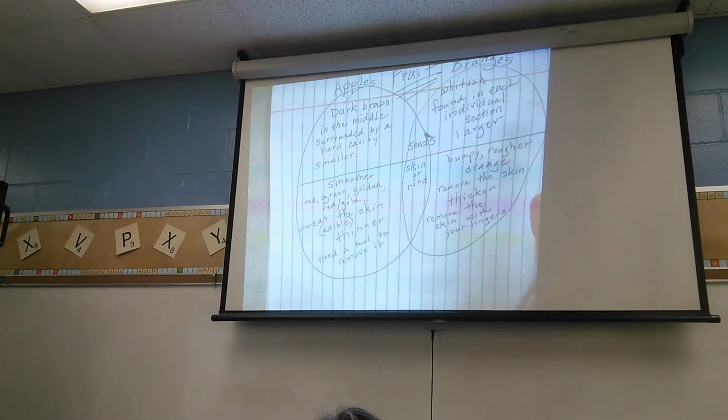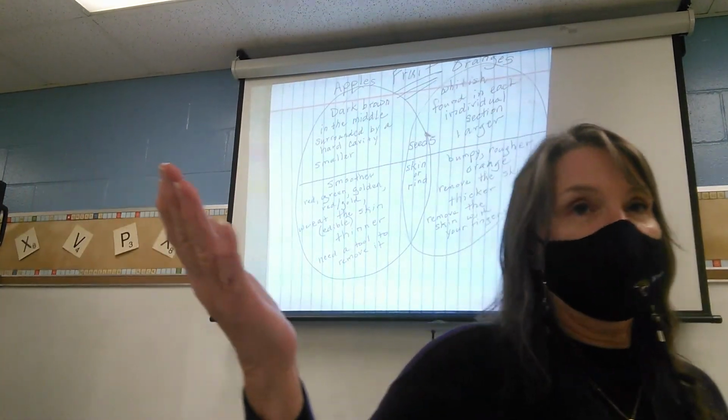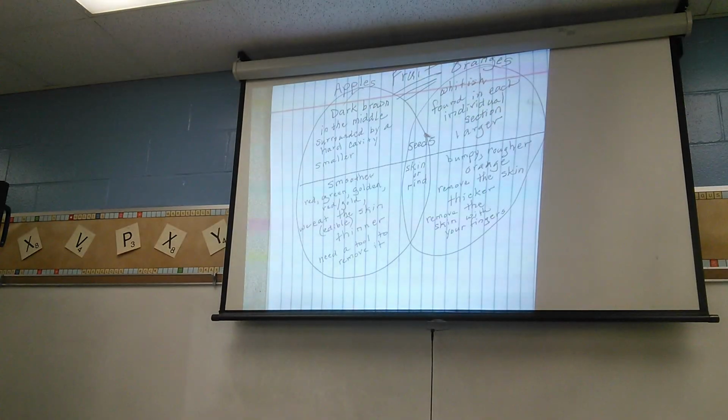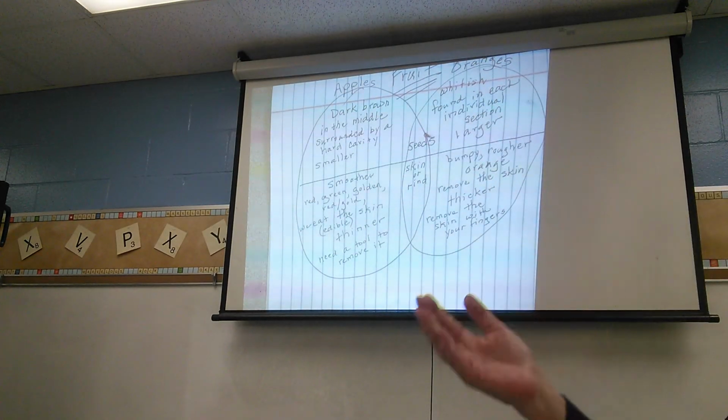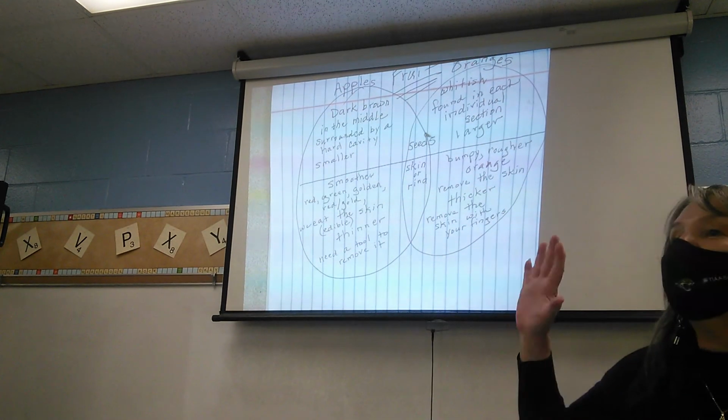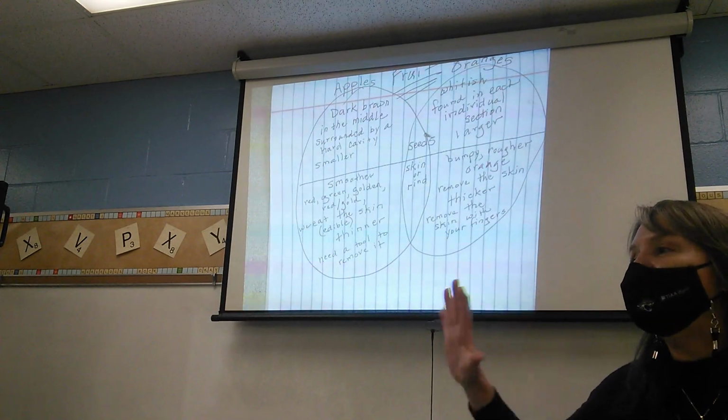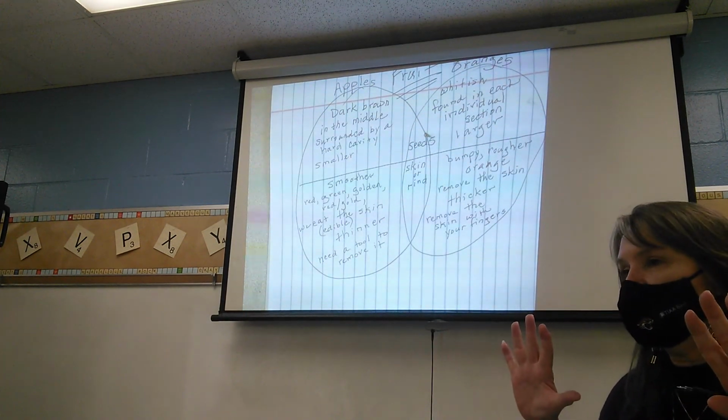Okay, so can you see all the differences that we came up with? First we noticed what they share in common, and then we looked at those two things and we noticed how they were very different.